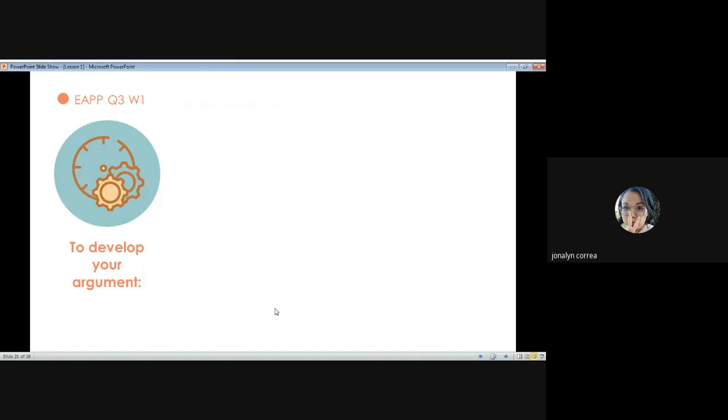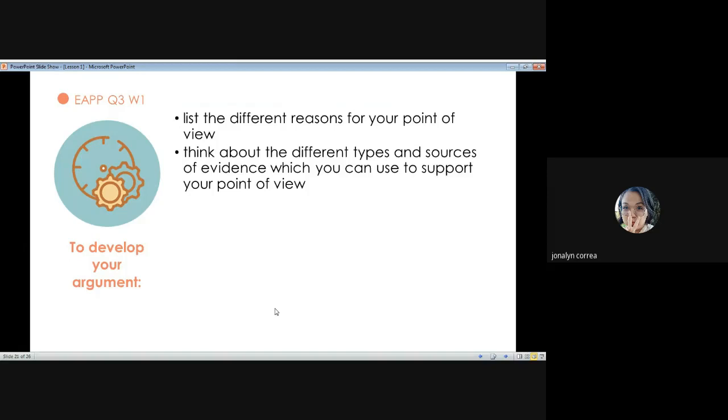Next is to develop your argument. So if you now have your point of view, you should now develop your own argument. So how will you introduce it to the people, or how will you compose your idea? How will you strengthen your belief? So first, again, list different reasons for your point of view. Why do you have this point of view?